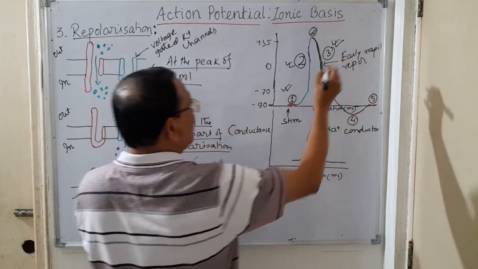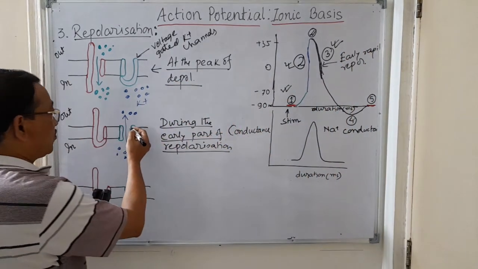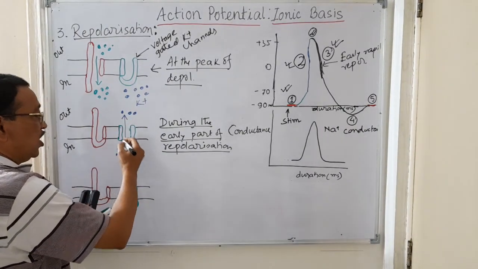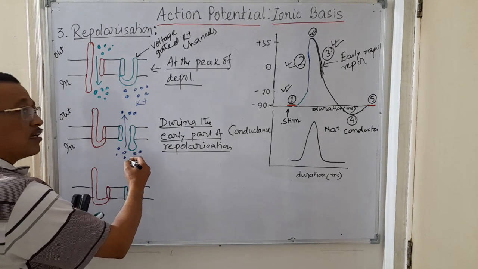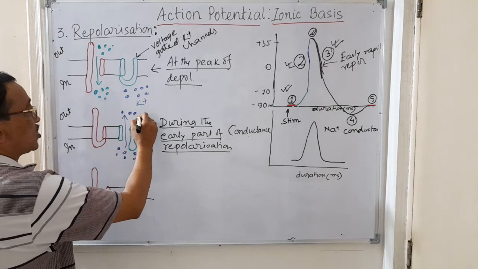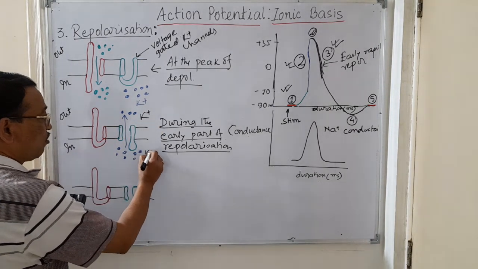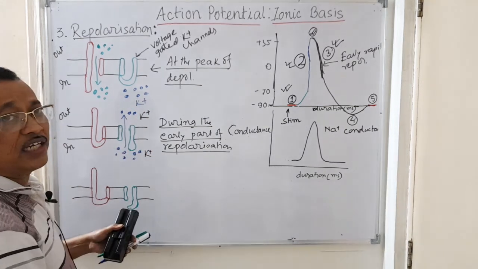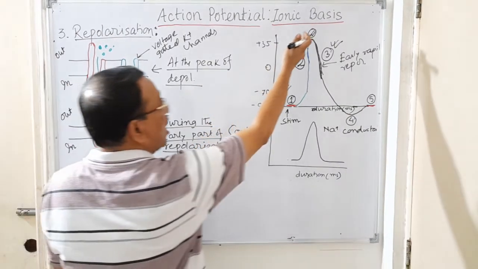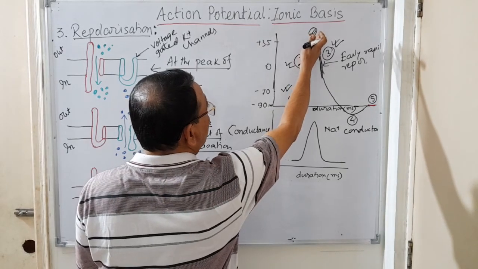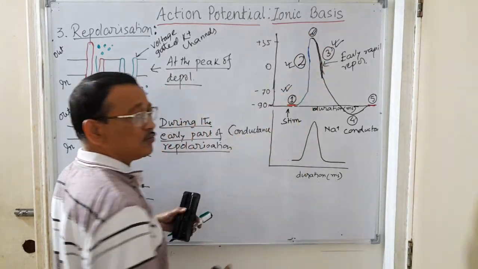So early rapid repolarization is because of the opening of the voltage gated potassium channels through which rapid exit of potassium ion takes place from inside to outside. As a result, there is a very sharp fall of the electropositivity.